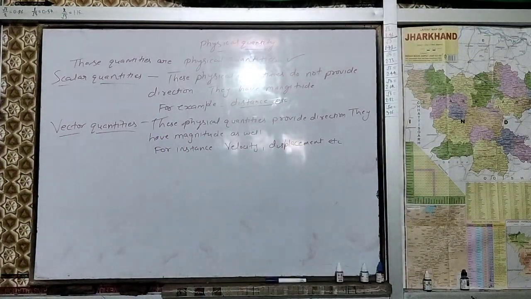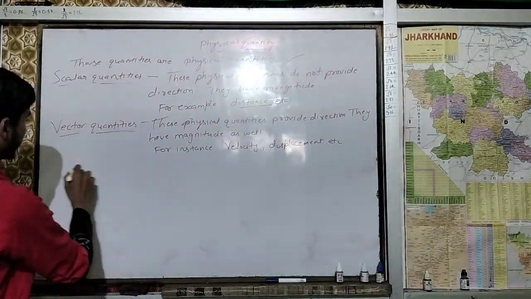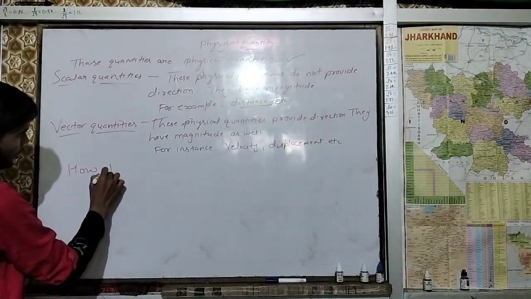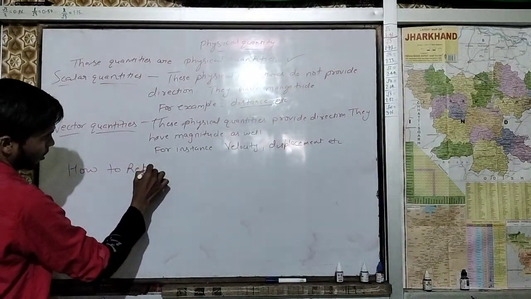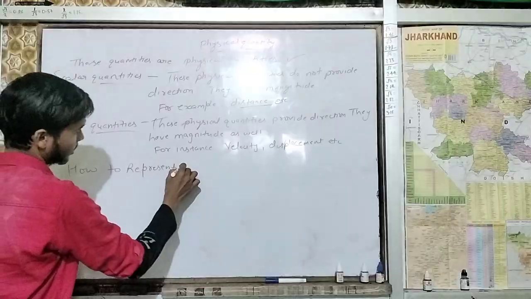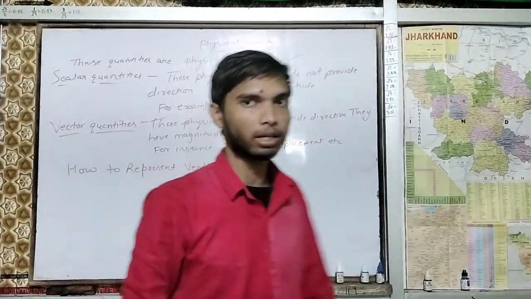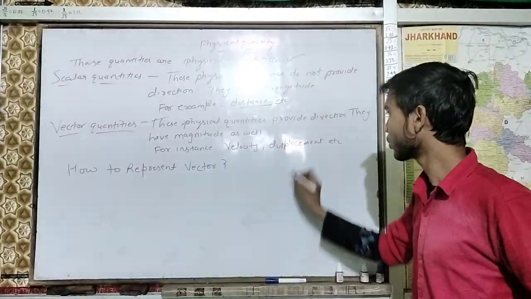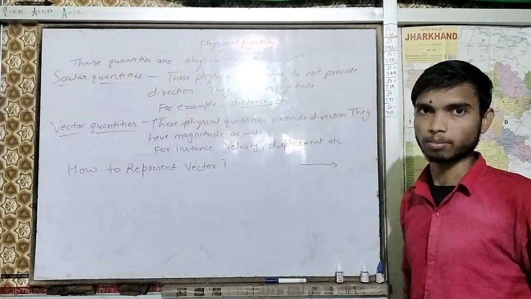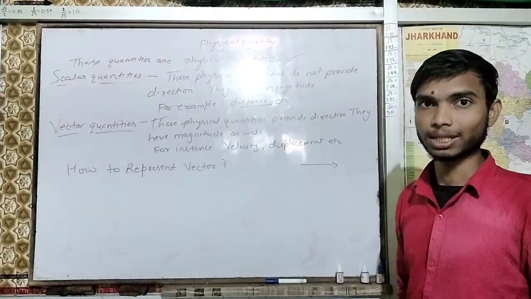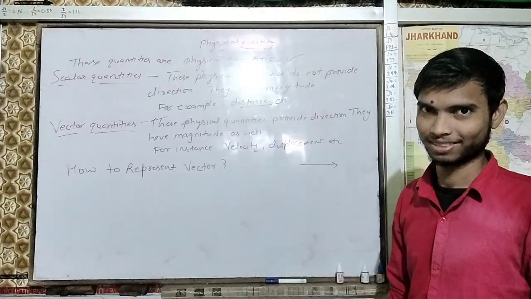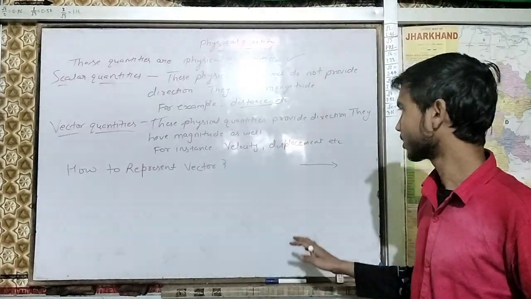How to represent a vector? To represent a vector we use this symbol, this is how we communicate with these vectors.